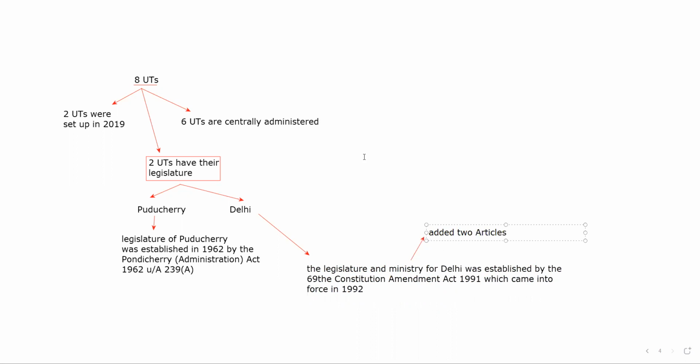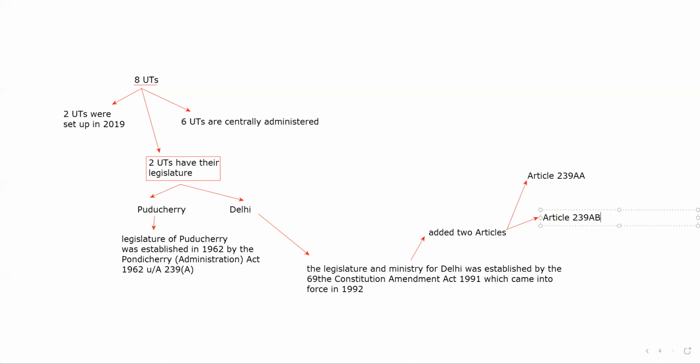Let me tell you here. One is Article 239AA, and the second which was added was Article 239AB. So these are the two articles which were added there.